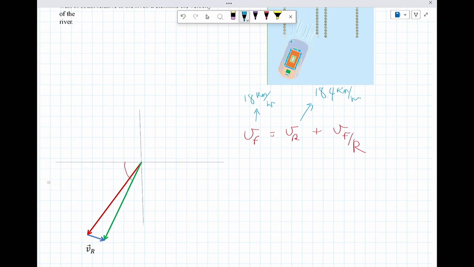I'm going to try and draw this without red crayon: this is 70 degrees and this is 30 degrees, and here I have 18.4 kilometers per hour, and this is 18 kilometers an hour. This angle is 10 degrees.